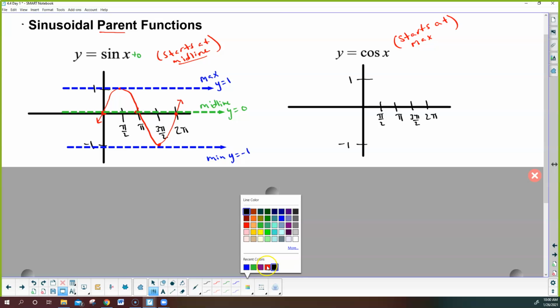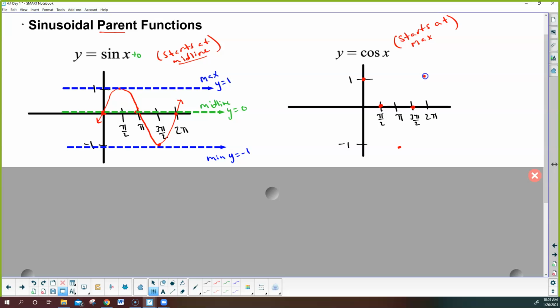But if you label pi and 2 pi, the readers should be able to determine what the other values are. And then as we had seen, cosine of 0 was 1. Right? So that's a different starting point than where sine is. That's really what makes these two different functions. If I'm at the max, I always go down to the midline, then to the minimum, then back to the midline, and back to the maximum.